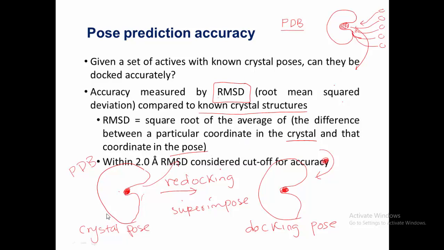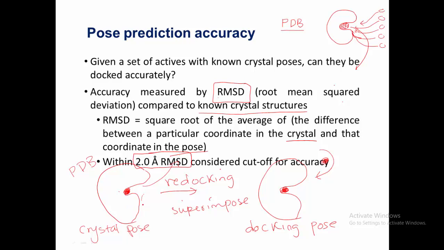The root mean square deviation should be less than 2. So 2 angstrom is considered a cutoff value. If you got a root mean square deviation less than 2, that means your docking is accurate. Okay? So this is what we call pose prediction accuracy.